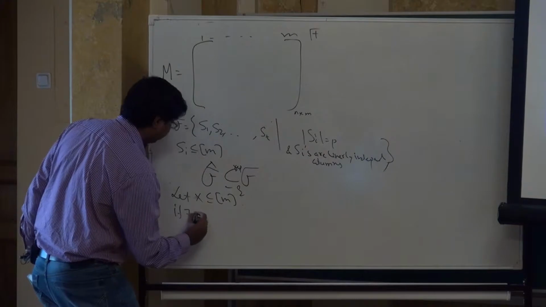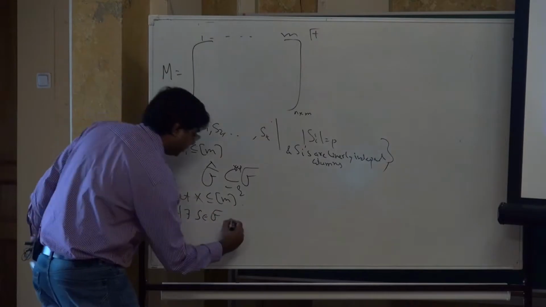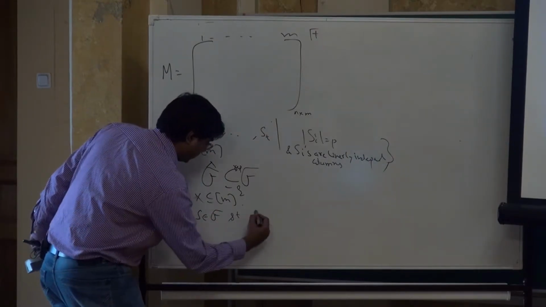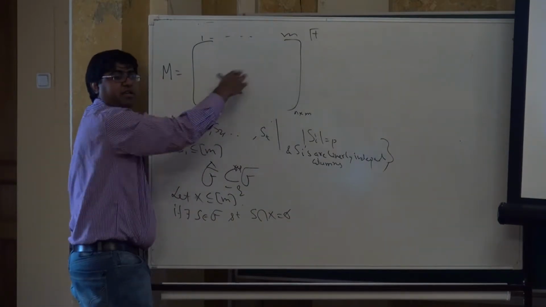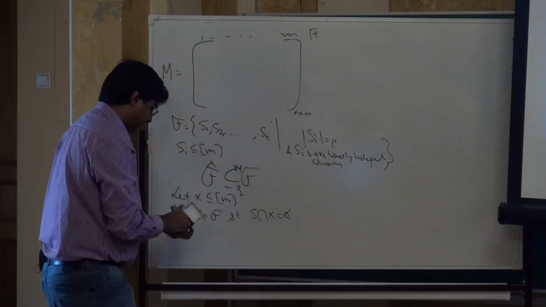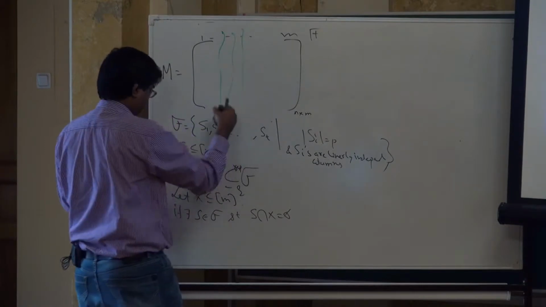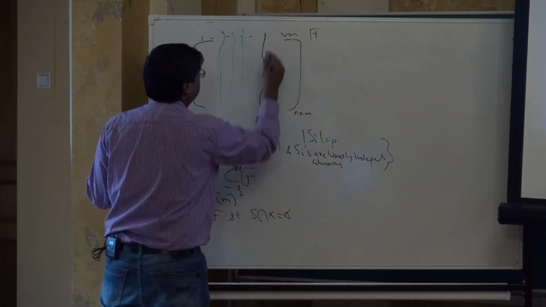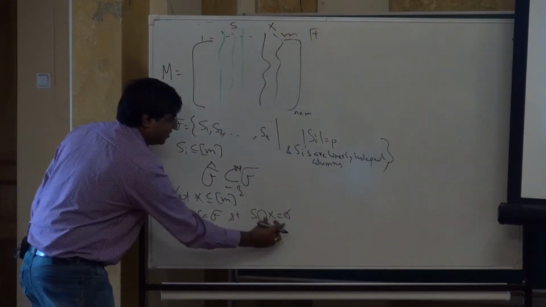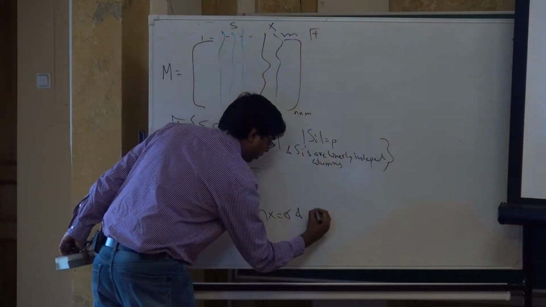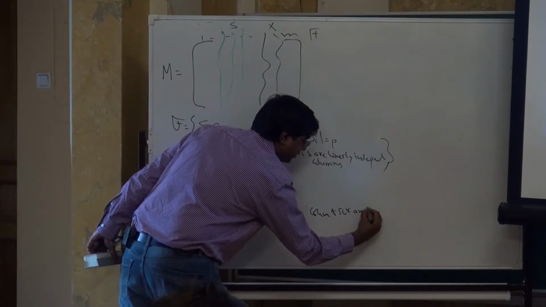If there exists some S in F such that S intersection X is empty, meaning the columns they represent do not intersect, and the columns of S union X are linearly independent.